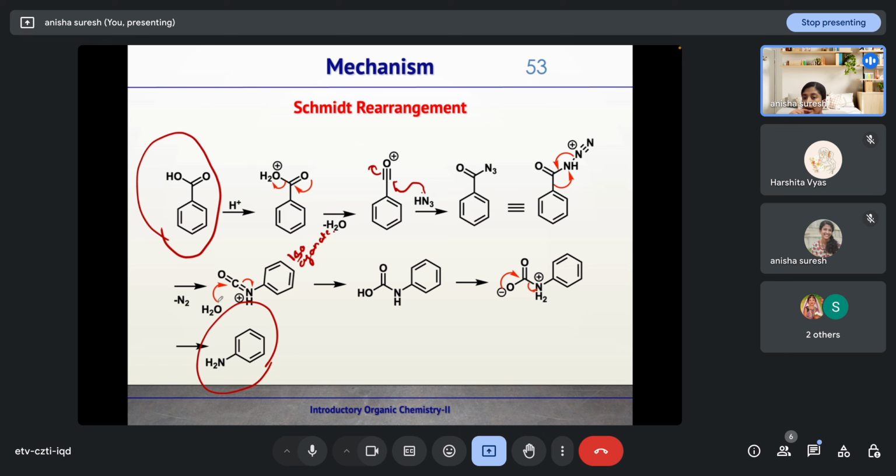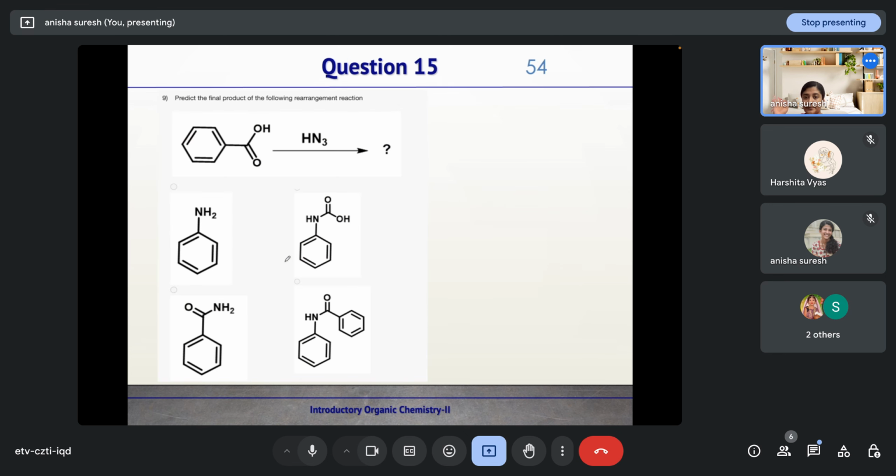Now water can add on to this carbon of this isocyanate and we will get this acid. Now decarboxylation will take place like this, and then amine will be formed as the final product. So this is the Schmidt rearrangement.